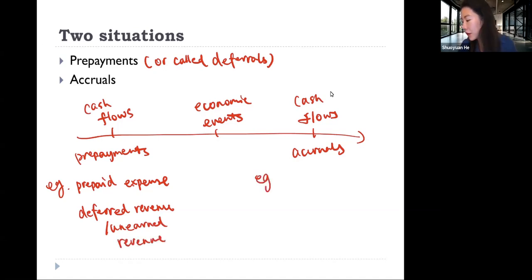And examples of accruals. Very similarly, if the economic event is associated with a future cash outflow, that is an accrued liability. And accrued liability is also called accrued expense.